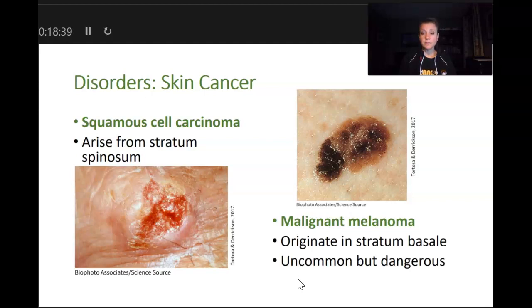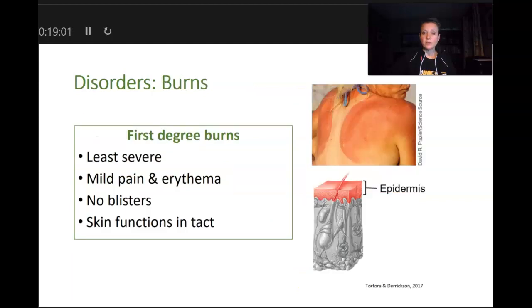And of course, if it metastasizes or spreads, then it is going to need further treatment as well. So those are the 3 different types of skin cancer that I would like you to know. And the next disorder of the skin that I wanted to talk about are burns.